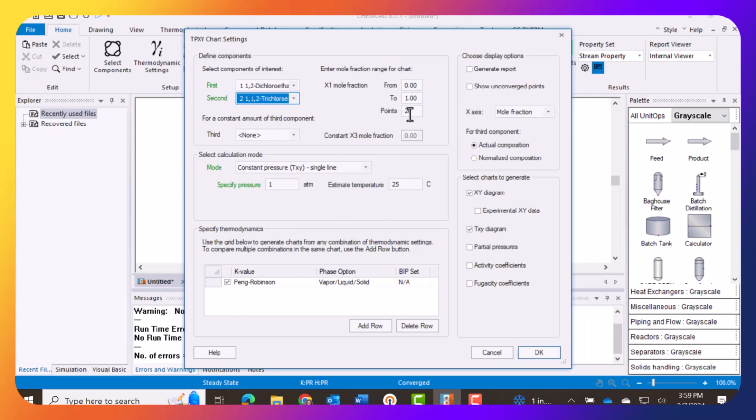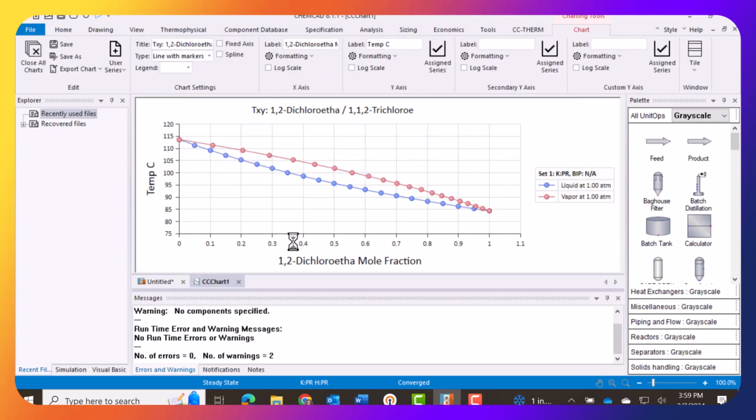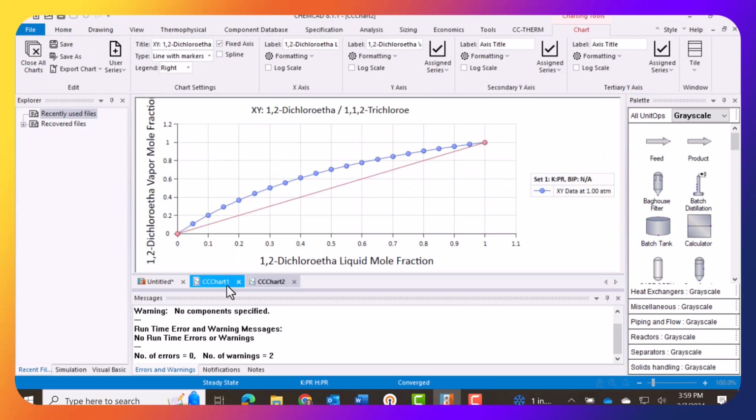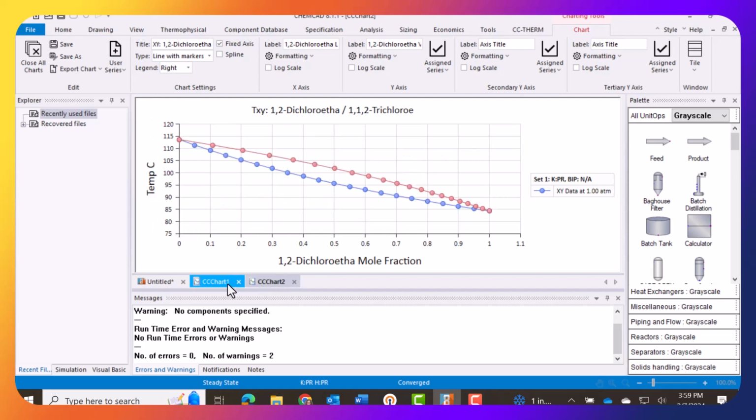You can change the number of points if you wish. So I have what I want there. I'll say OK, and it will create these. And what you see is that this is a fairly ideal mixture, but they're fairly close boiling, so the bubble and dew point are not all that far apart.